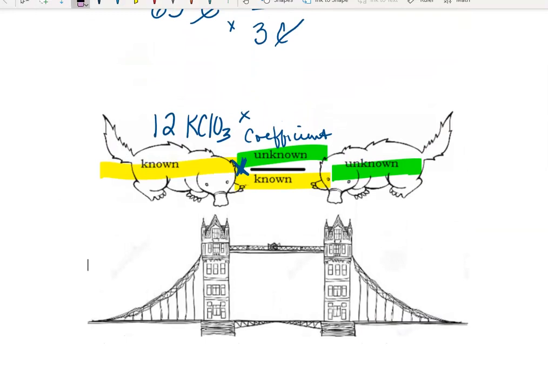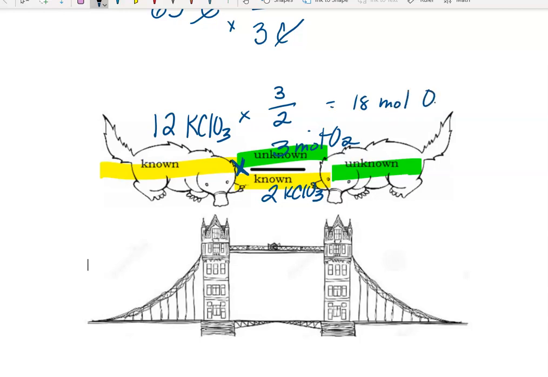Oxygen in that equation requires 3 oxygens for each 2 potassium chlorates. So if I take 12 times 3 divided by 2, I get 18 moles of oxygen, if I've done my math right.